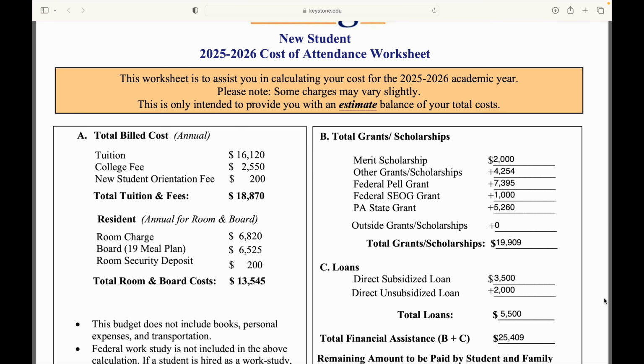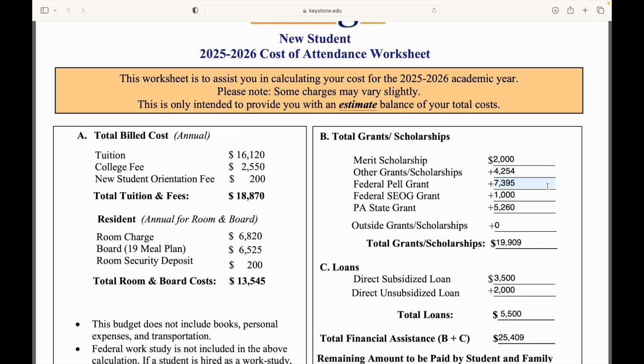Now, we just looked at the financial aid award letter, and we saw that this student received a presidential scholarship or merit scholarship of $2,000, so we'll punch that in. They also got a Giants Forever scholarship, a Choosing Keystone scholarship, and a Keystone grant, which all add up to $4,254 for the year.